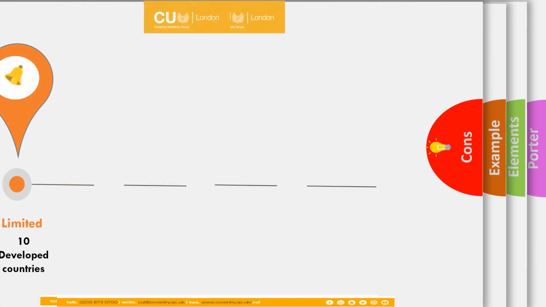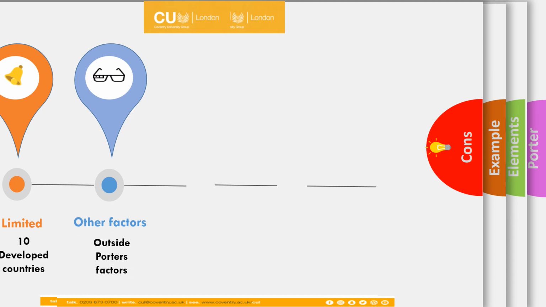When we look at some of the disadvantages of Porter's diamond model, the model was developed using just 10 developed countries from research. So we can only really say that the model applies to developed countries and not to undeveloped countries. And there may be other factors in play as well.